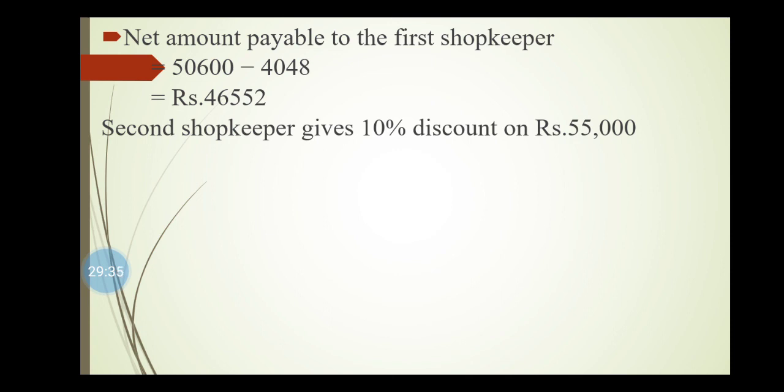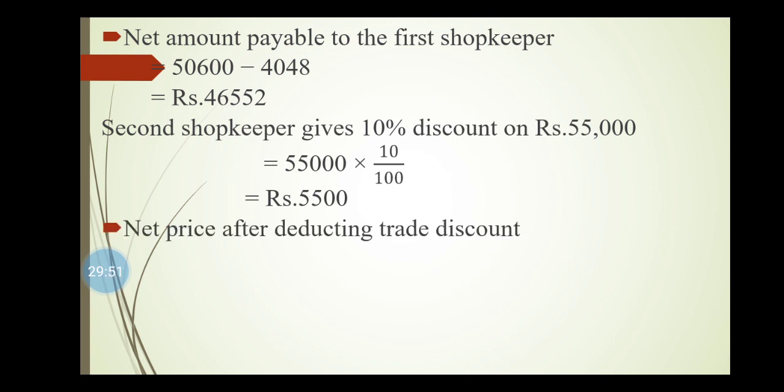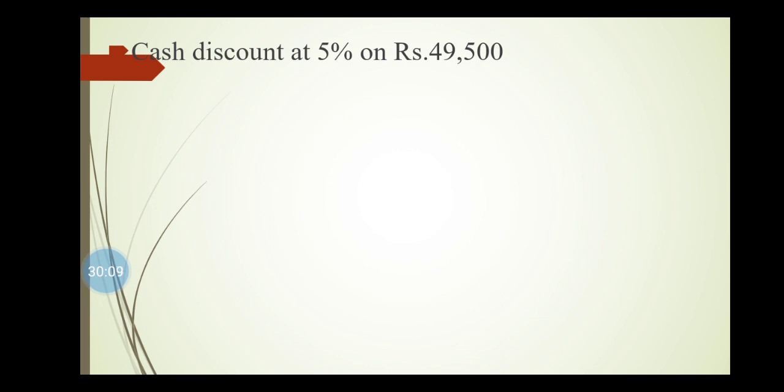Now we will calculate the same for the second shopkeeper. It gives 10% discount on rupees 55,000. That means 55,000 into 10 upon 100, it is equal to 5,500. So in this case invoice price will be 55,000 minus 5,500, which is equal to rupees 49,500. Now there is a cash discount of 5% on rupees 49,500.